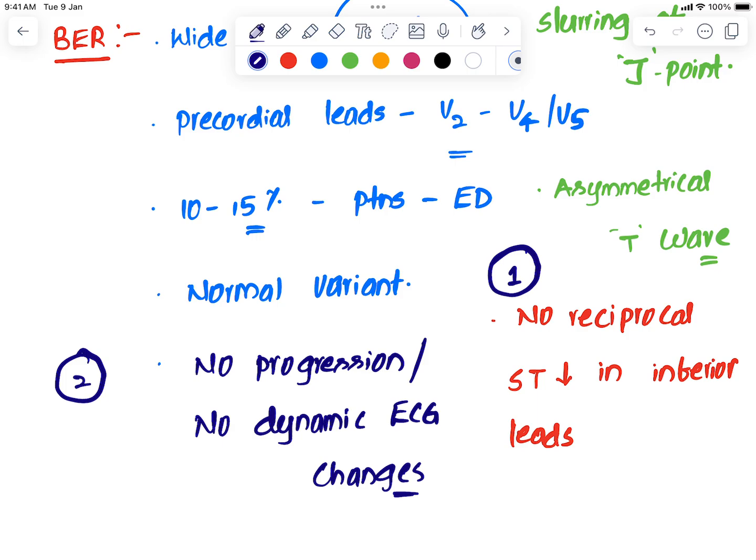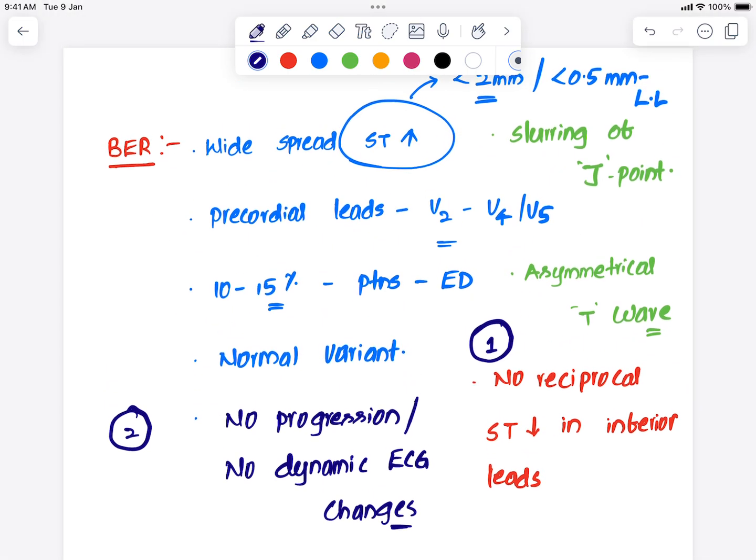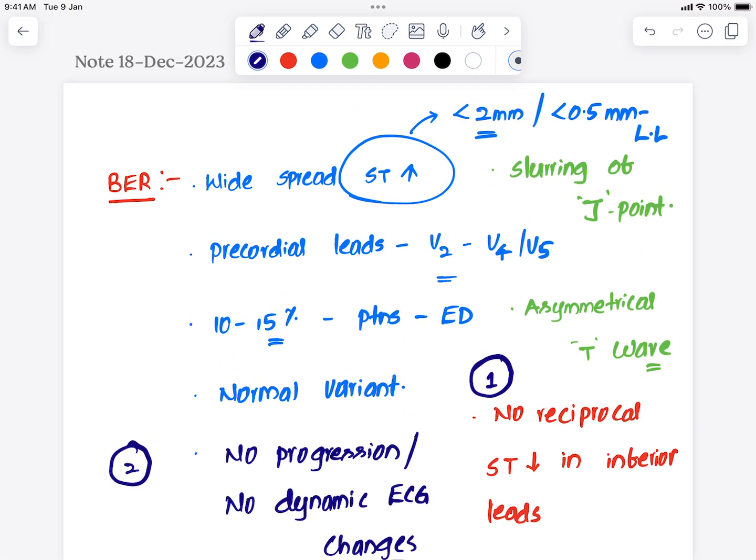So it is like stable ST segment elevation. So this is the discussion related to benign early repolarization. In the precordial leads, less than 2 mm ST segment elevation, stable, with no dynamic changes. And if at all in the limb leads, it should be less than 0.5 mm ST segment elevation, and there will be no reciprocal changes in the inferior leads if there is ST segment elevation in the precordial leads. Now, let me show you the ECG of reciprocal changes of anterior wall MI.